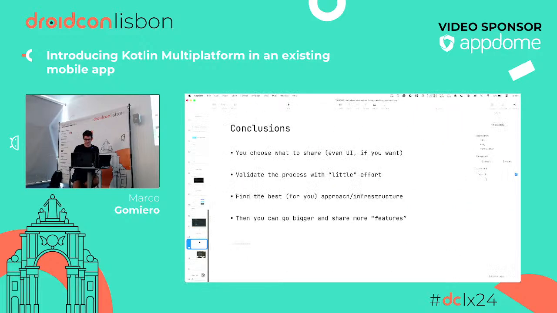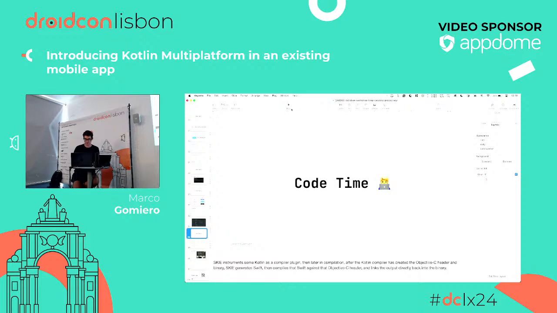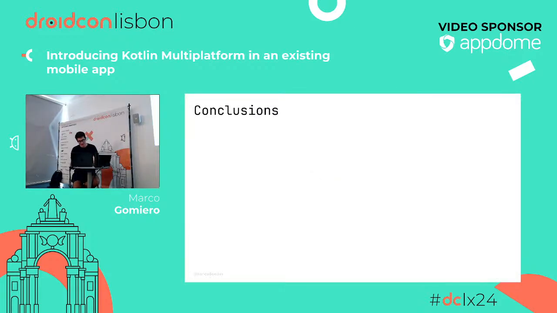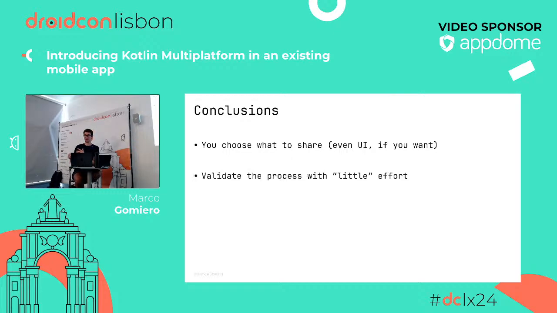Okay, so to wrap things up, I spoiled the entire slide. But yeah, the powerful thing about Kotlin multi-platform that I like is that you can choose what to share. So you can just share a little function, and also you can share a small thing just to prove your idea, to prove that it works for your team and for your staff. Also because you need to set up different stuff, like we've seen before, the framework, the publication, how to use it.